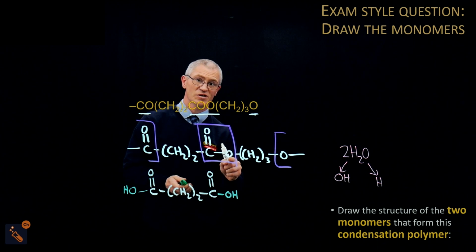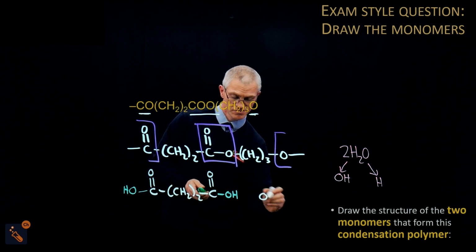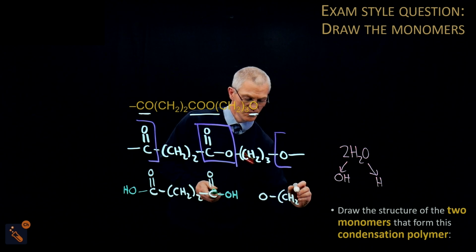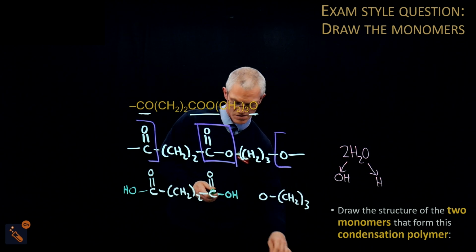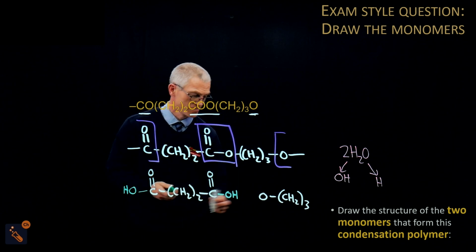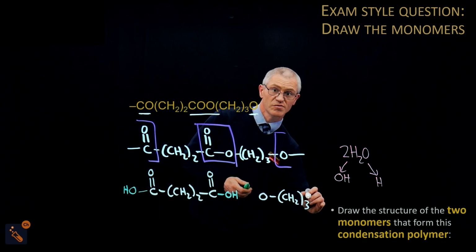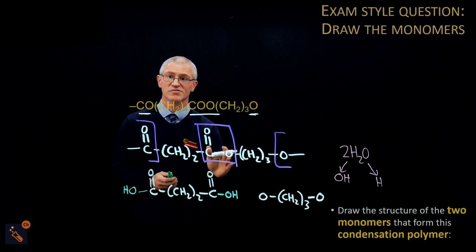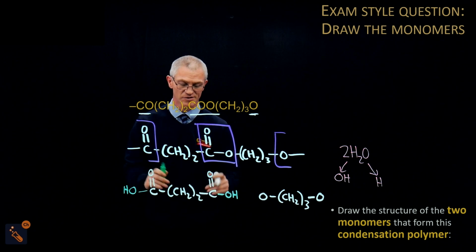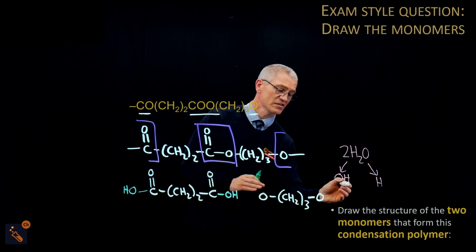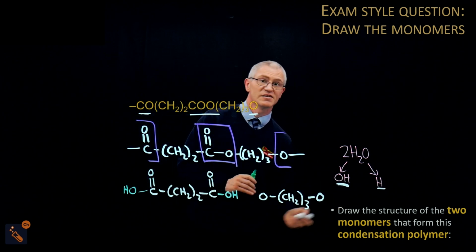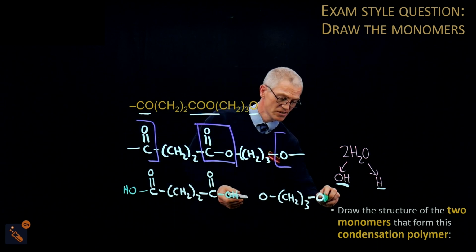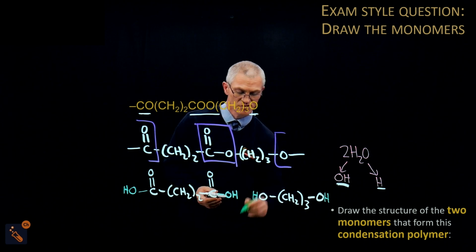We'll then start again from where this O is, and just copy it out from there. So we've got O, we've copied this part out, and added our OHs. We now need to add the H's to the alcohols. So if we add the H's to the alcohols, there's your alcohols there.